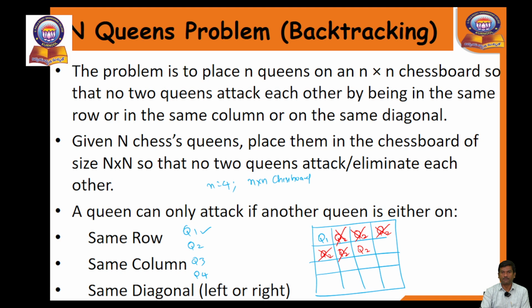I have already discussed the same thing in the previous video. Similarly, if you place queen 2 here also, this is not a viable solution, because when you place queen 2 in the second row and third column, we cannot place queen 3 here, here, or here, since these would be under attack.